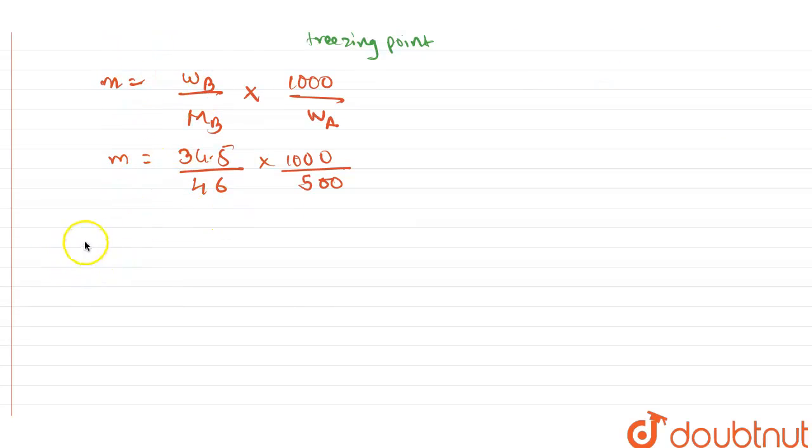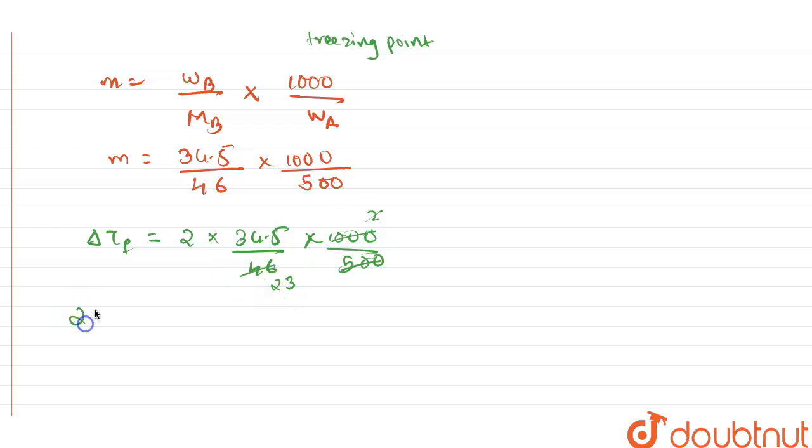So delta TF is equal to Kf, which is given as 2, into 34.5 divided by 46 into 1000 divided by 500. When you do the calculation, this is 2, this is 2, this is 23.